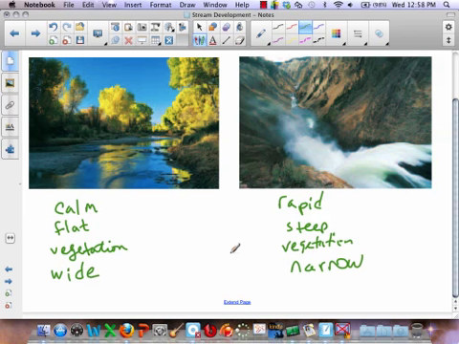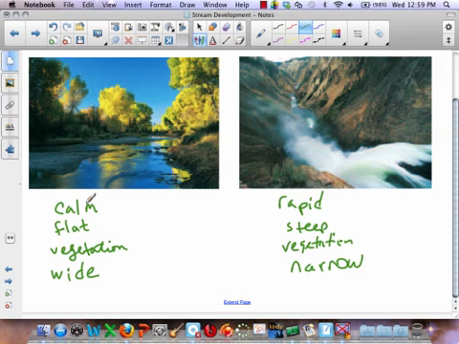I will bet money. I think it's hard to tell. But we should expect that this left one would be deeper. We'll explain why that is here in a little bit.